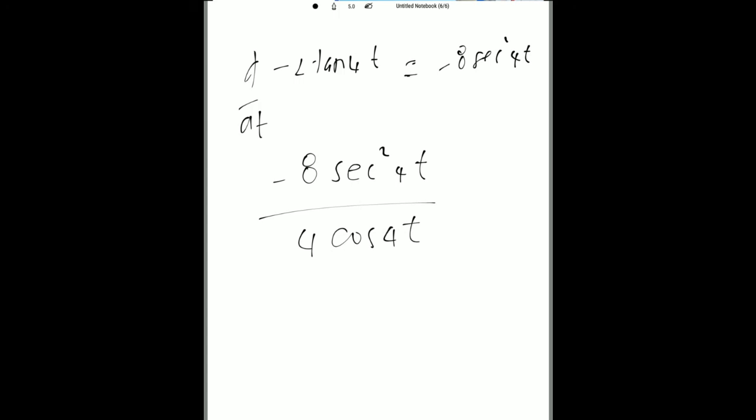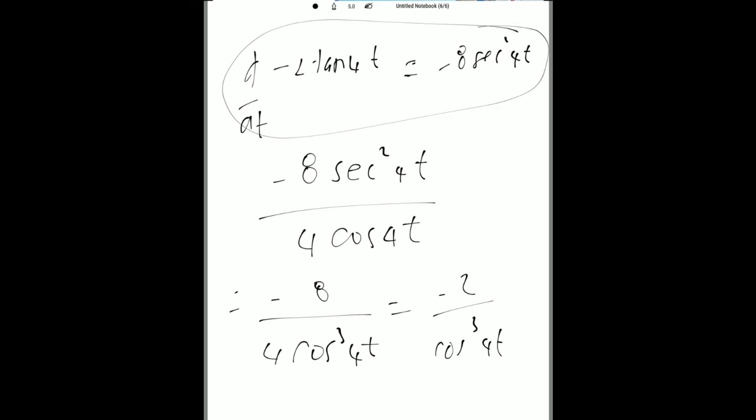Now, remember, sec is 1 over cos. So what this is telling us is that we actually have negative 8 over 4 cos cubed 4t, leaving us with negative 2 over cos cubed 4t.